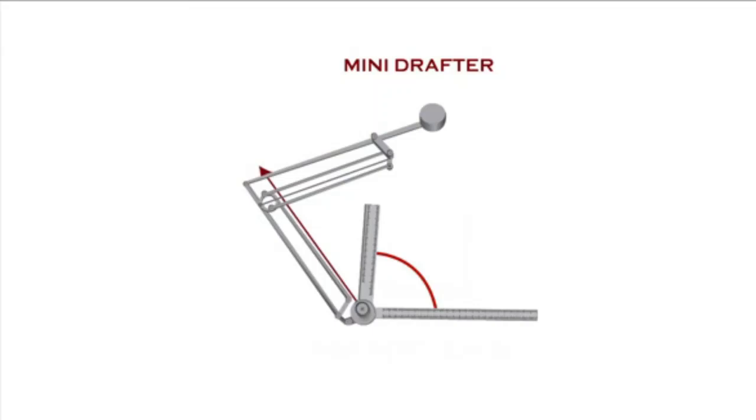This mini drafter is used to draw parallel lines, vertical lines or horizontal lines. Usually we keep these two blades at a right angle to each other, but if we require a particular angle, then we can loosen the adjustable screw and change the angle between them.